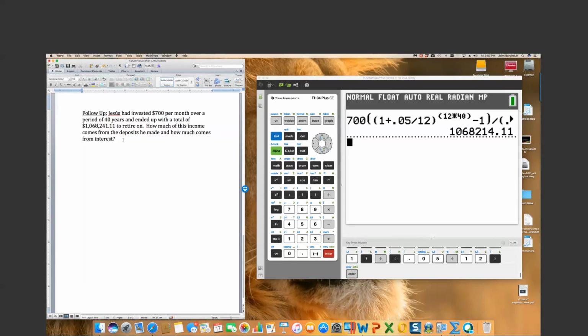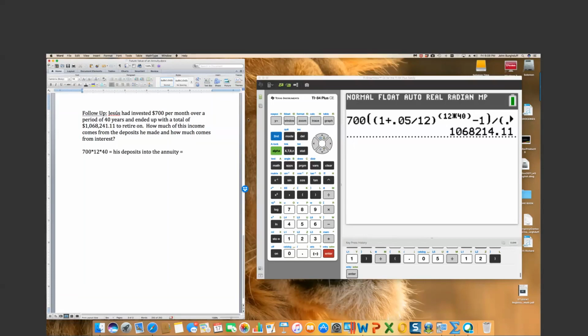If he had been investing $700 per month, sorry, and if he had been doing that for 12 months in a year and for a total of 40 years, 700 times 12 times 40 would be his contributions. Let's calculate that.